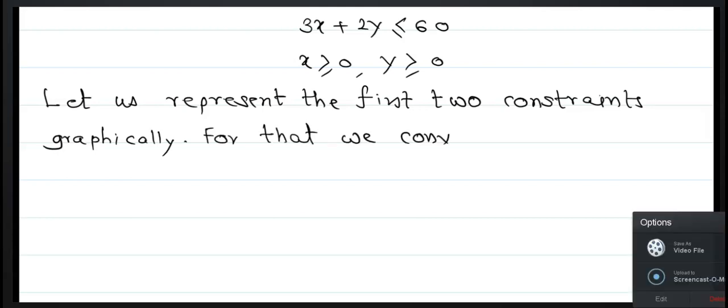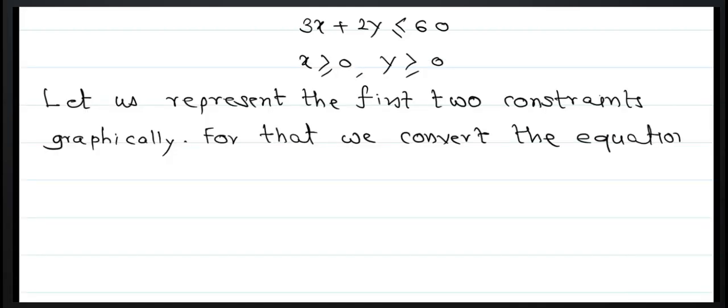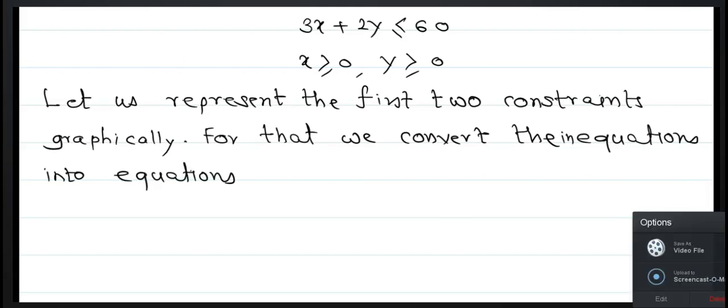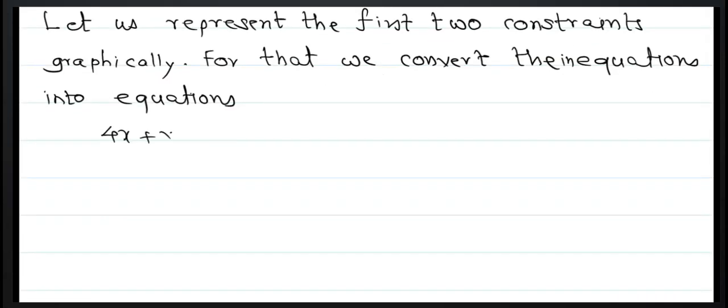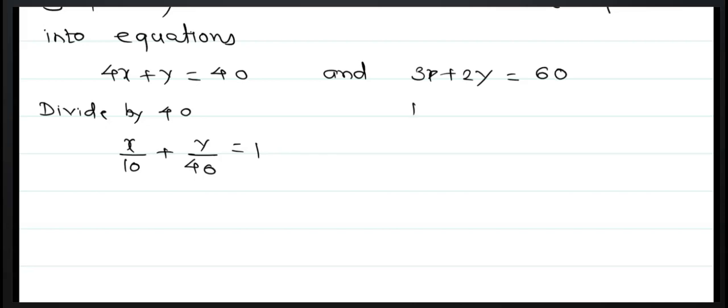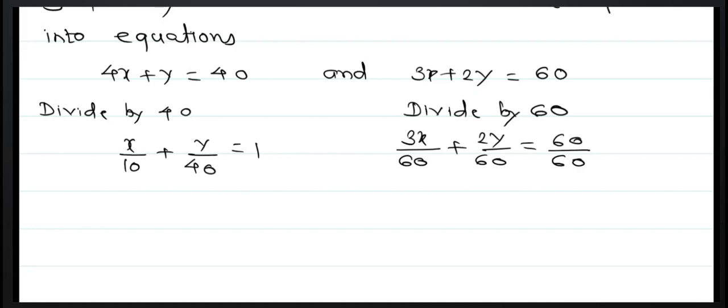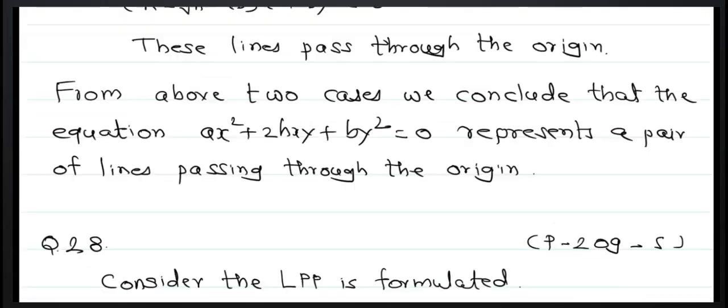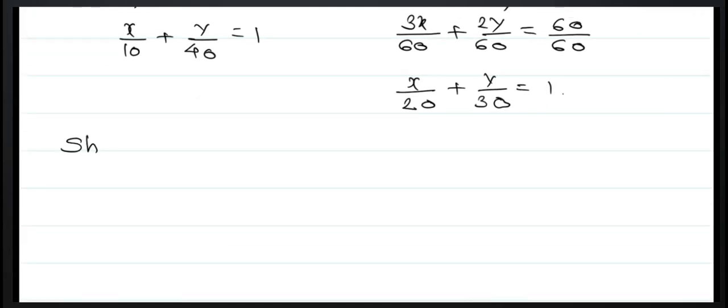For that, we convert the inequations into equations. 4x + y = 40. Divide on both sides by 40, that is x upon 10 plus y upon 40 is equal to 1. 3x + 2y = 60. Divide on both sides by 60: 3x upon 60 plus 2y upon 60 is equal to 60 upon 60, that is x upon 20 plus y upon 30 is equal to 1.